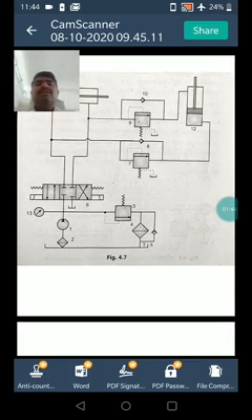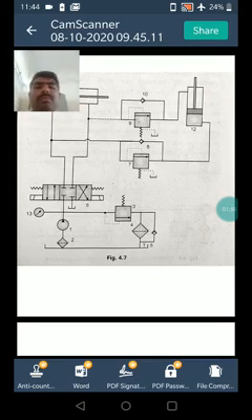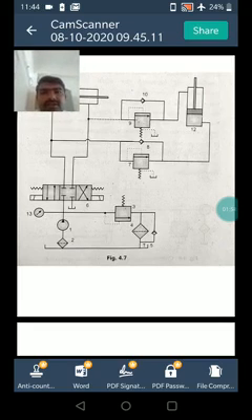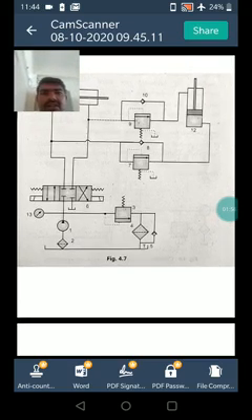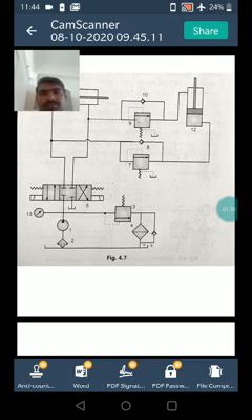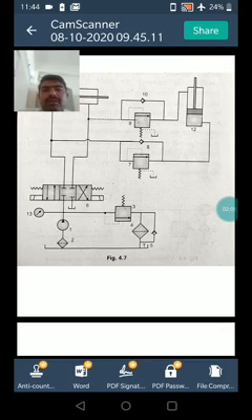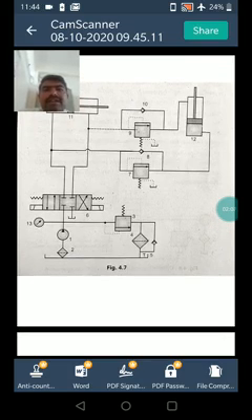Okay, for the central position of the DCV, both cylinders 11 and 12 are stopped. Then next, the left position of the DCV. By actuating the left position, the oil from the pump, that is 1, passes through the blind end of cylinder 11.